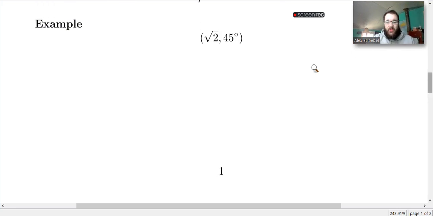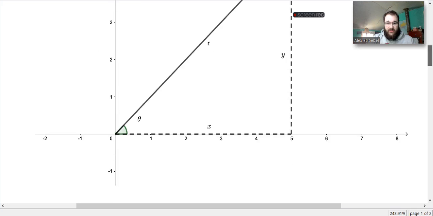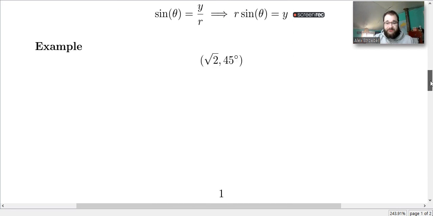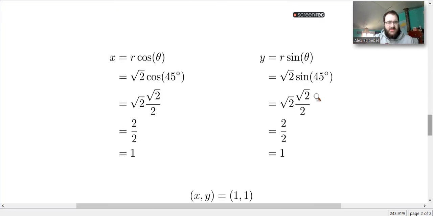Let's say we have the polar coordinates square root of 2 and 45 degrees. So you would go 45 degrees and square root of 2 this way, and that would give you your point. So x is r cosine theta, r is square root of 2, theta is 45 degrees.